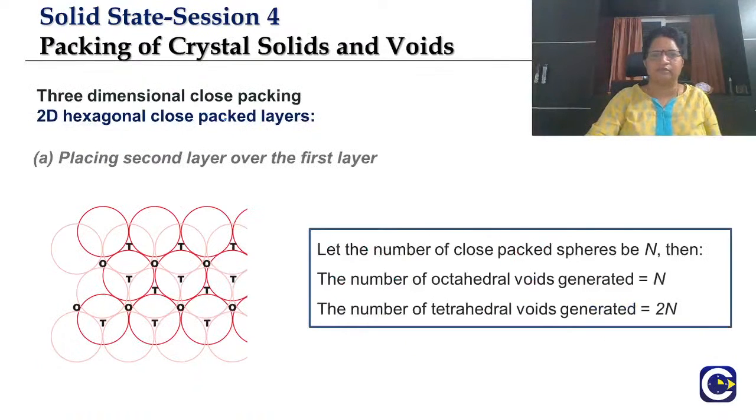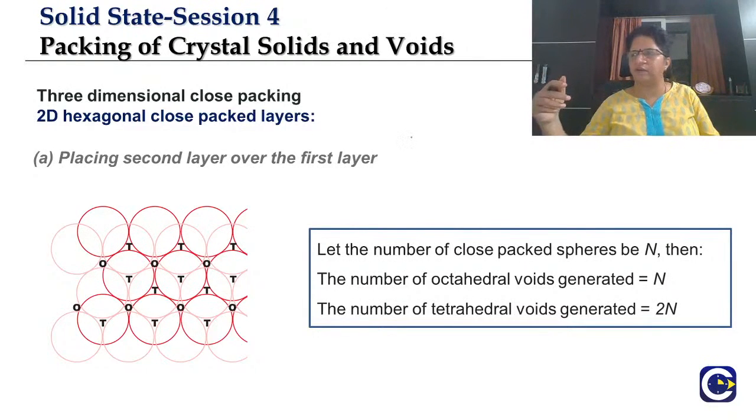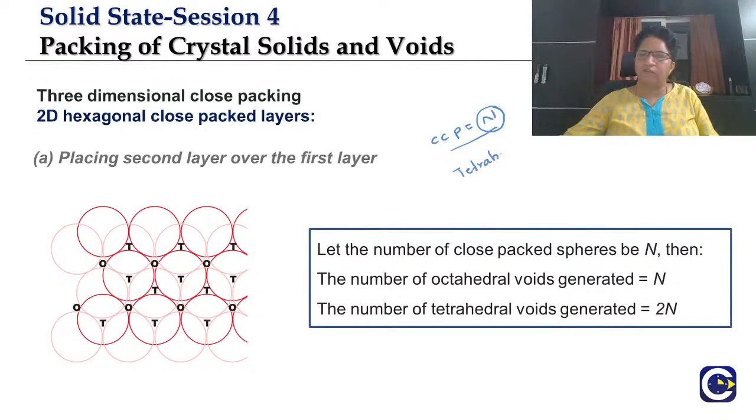Shall I continue? Okay, if I take the number of tetrahedral and octahedral voids in any particular close packed structure, if the number of close packed atoms that we get in a particular crystal lattice is equal to n, the number of tetrahedral voids that we get would be equal to double the number of close packed atoms, and octahedral voids will be equal to n.